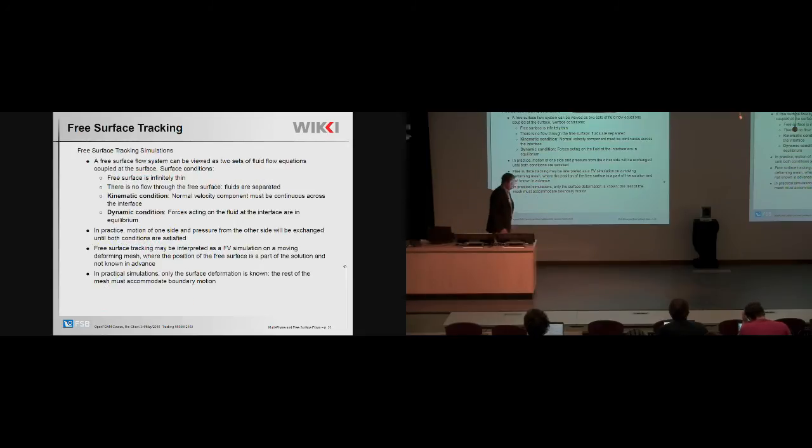The beauty of using OpenFOAM in this sort of technique is that you can combine various approaches to your multi-phase modeling. Okay? So you can start by assuming you have a VOF model, then search for the droplets that are below the size of the mesh resolution, collect the mass out of the VOF model, create Lagrangian droplets, and shoot them through the domain.